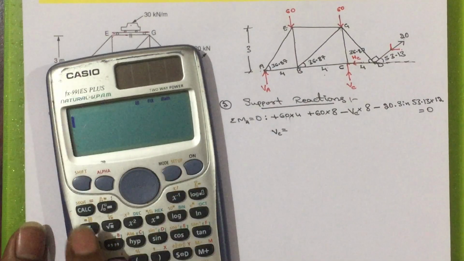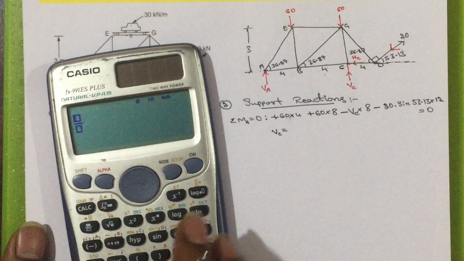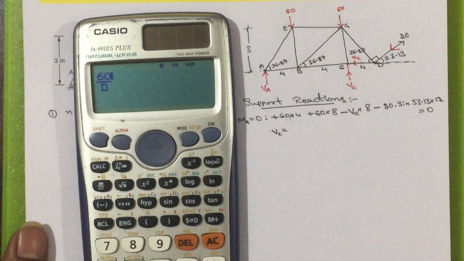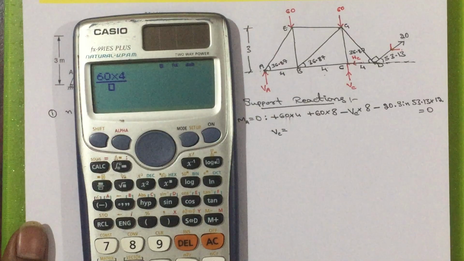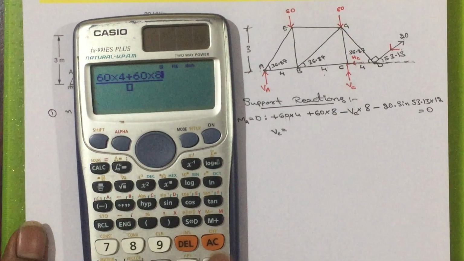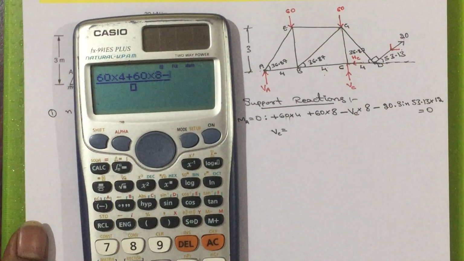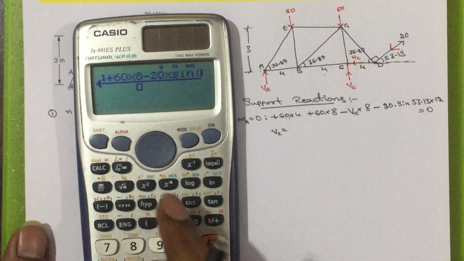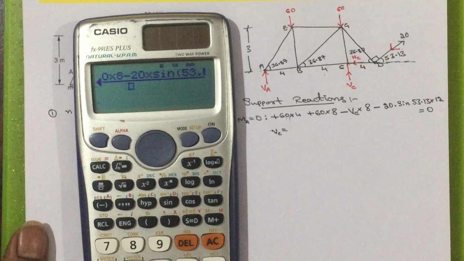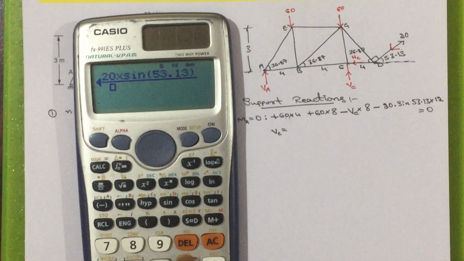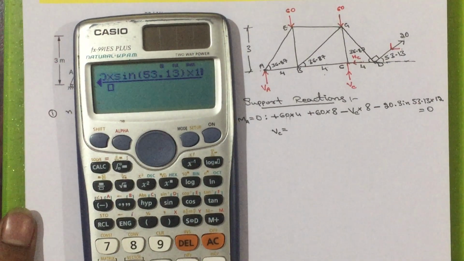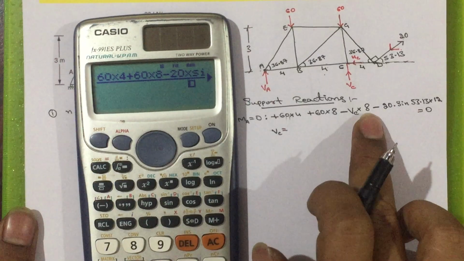So we will calculate 60 into 4 plus 60 into 8, then minus 20 into sine of 53.13 into 12, divided by 8.